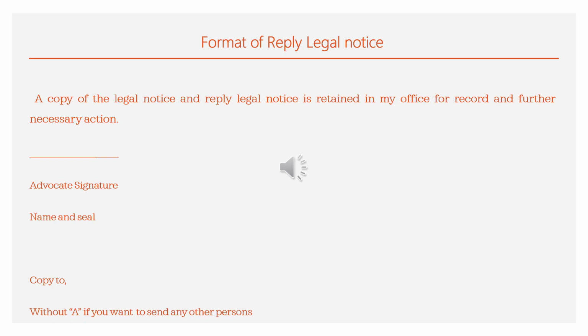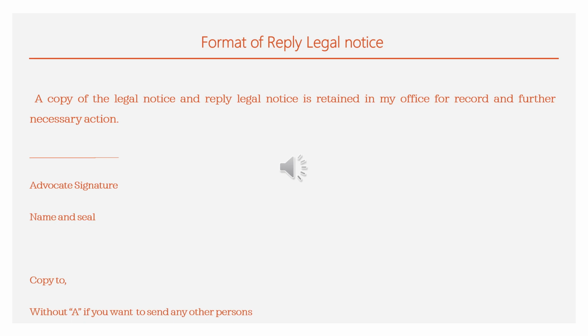And I already informed you, the advocate, so you have to put down the advocate's signature, advocate's name, seal. The name is not mandatory here because you already mentioned the name, so it is optional for you, depending on your wish.